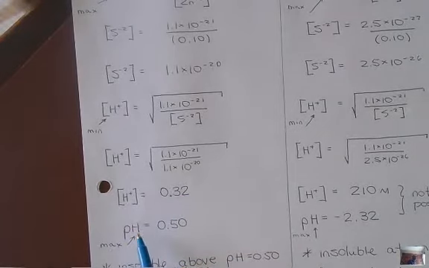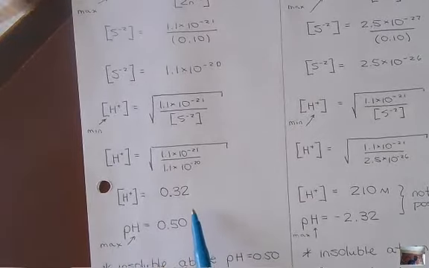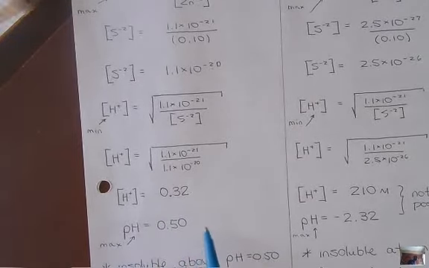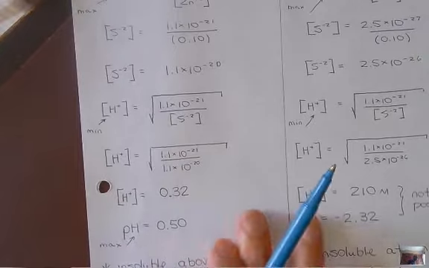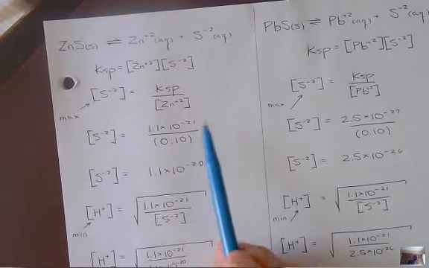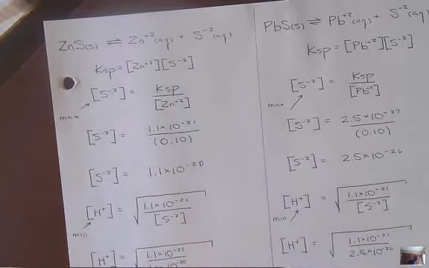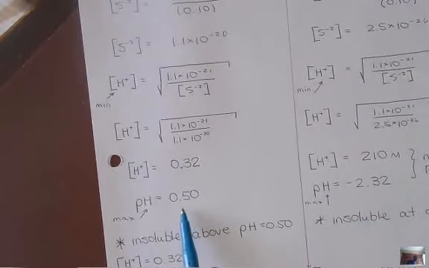So what's the maximum pH that I can go to? If this is a minimum, pH works opposite, so this is going to be a maximum. Take the log base 10 of this, and it comes out to negative 0.5. Throw away the negative sign. The maximum pH that I can go to before zinc sulfide would precipitate out of solution is 0.5.